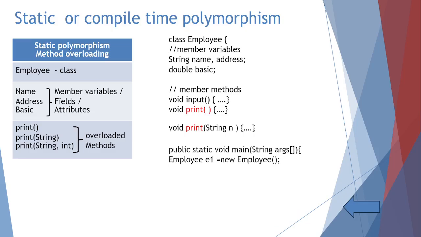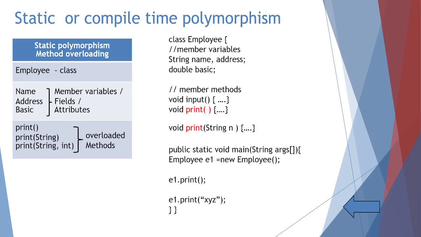Since these are instance methods, we have to create an instance, that is object. So Employee E1 is equal to new Employee. Constructor is called, although we haven't declared a constructor, Java provides. E1 is the object. E1.print method is called. And E1.print method, but sending a string parameter, which is XYZ.